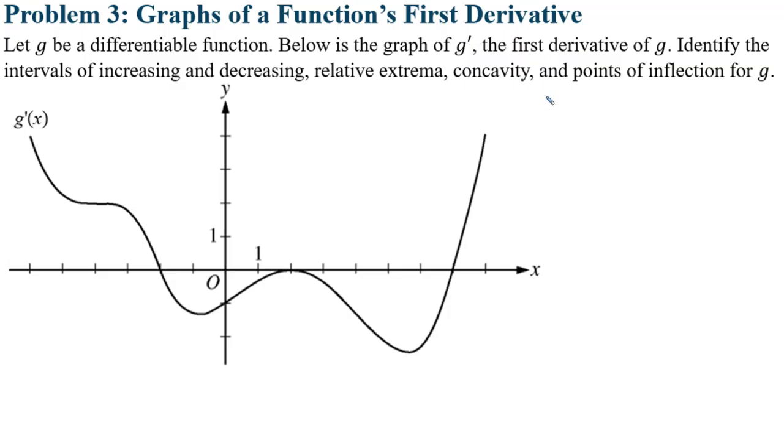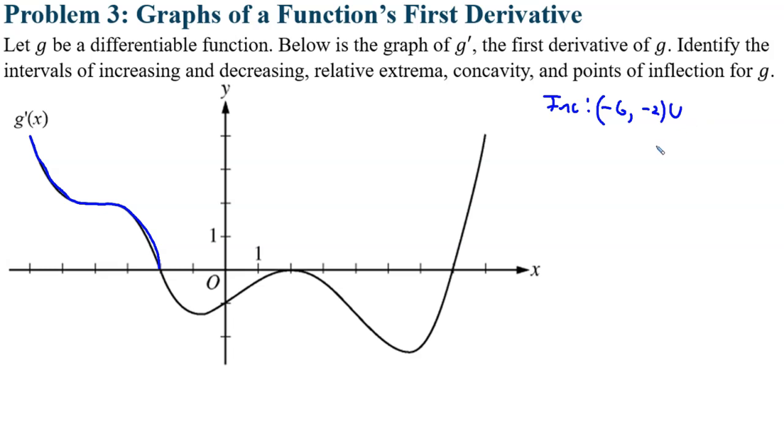We'll start off with increasing. Okay, where's my function g increasing? That's going to be where my first derivative is positive. So this is going to be increasing with what we see in blue here. So we'll say from -6 to -2.